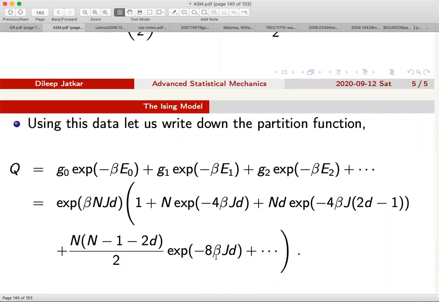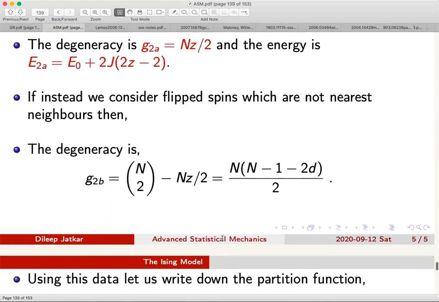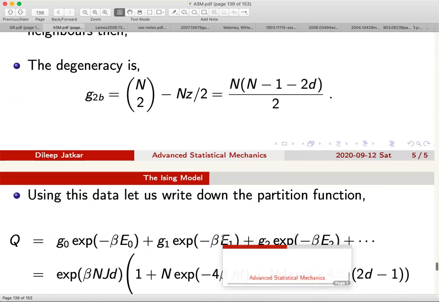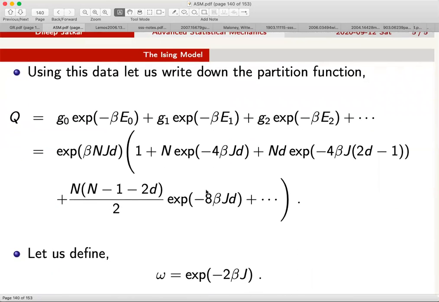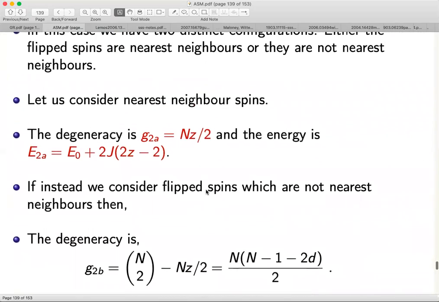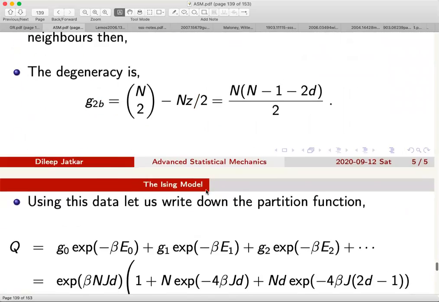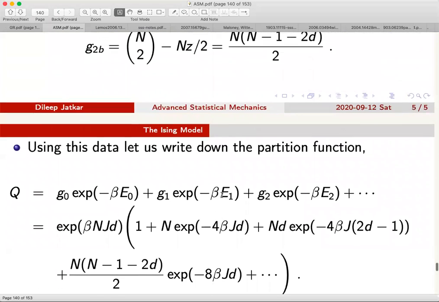You get the factor e to the minus 8 beta Jd. I did not compute that, but one can compute it also. It is easy to compute this one because they are individual single flipped configurations. You take a single flipped configuration and just square it. That is the factor. But I should have explained this.